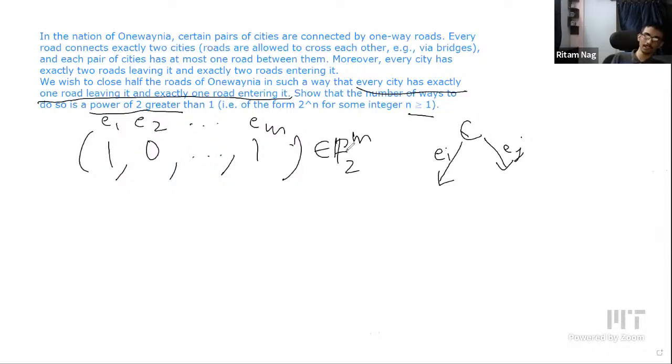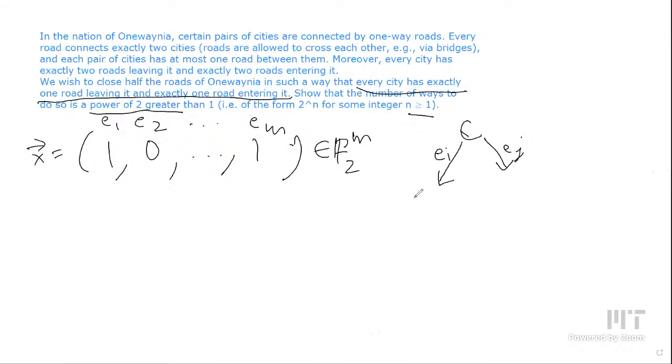Or rather, EI and EJ are the entries in the vectors corresponding. Okay, so I'm going to label the entry X.